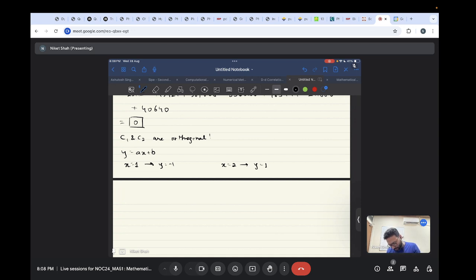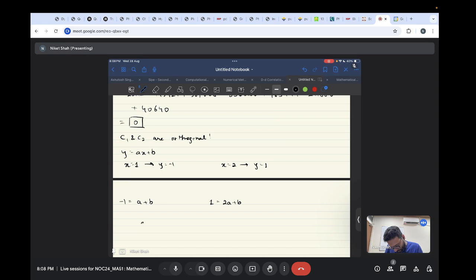So let's do it. y equal to minus 1 when x is equal to 1, so minus 1 is a plus b. Next is y equal to 1 when x is equal to 2, so 2a plus b. Subtract the first equation from the second.